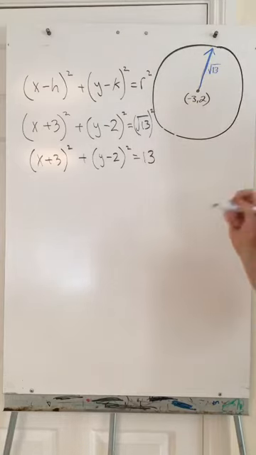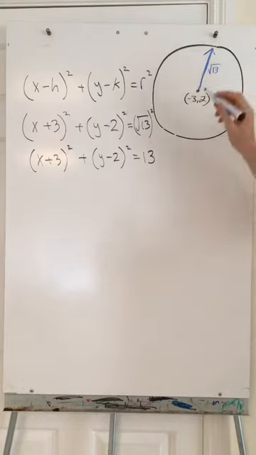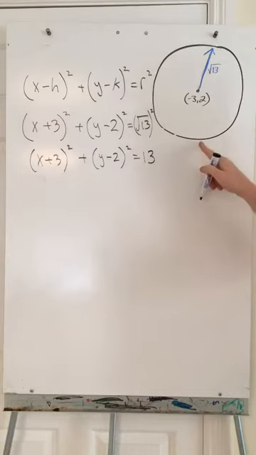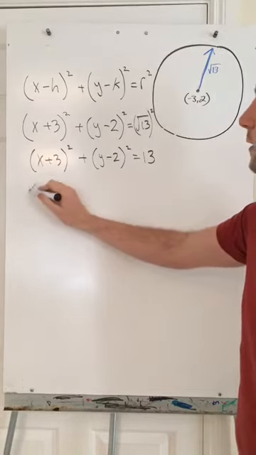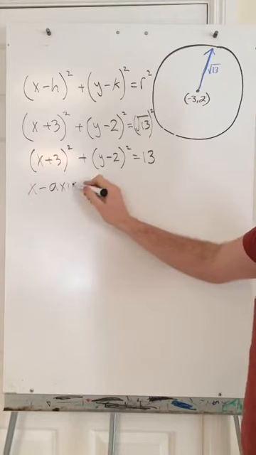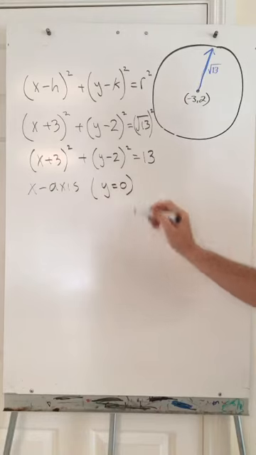But you do the exact same thing that you would do if this was a line. So to find where this circle here cuts the x-axis, all you actually have to do is let y equal to 0.